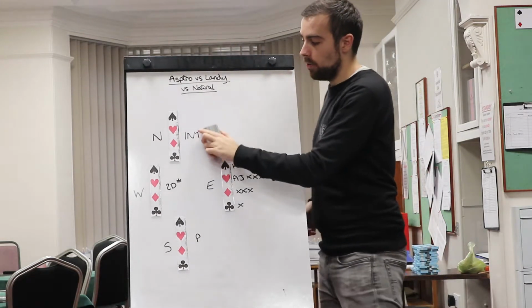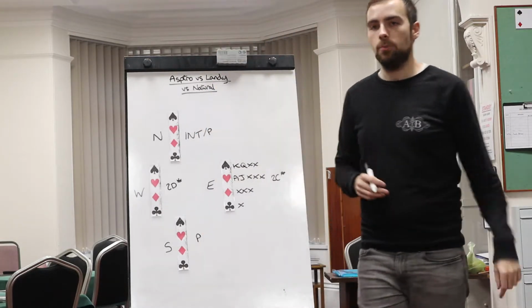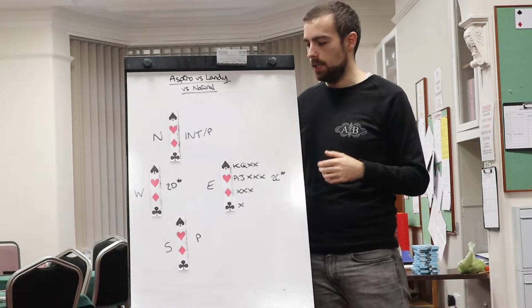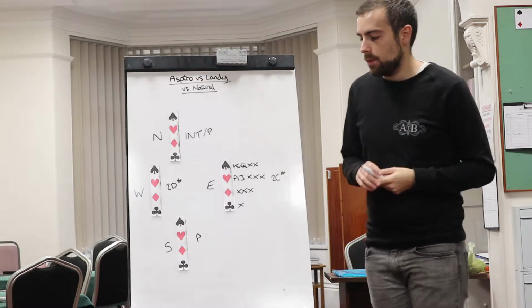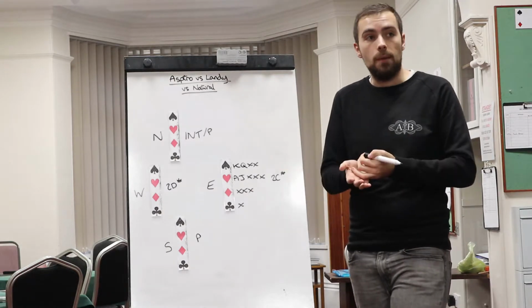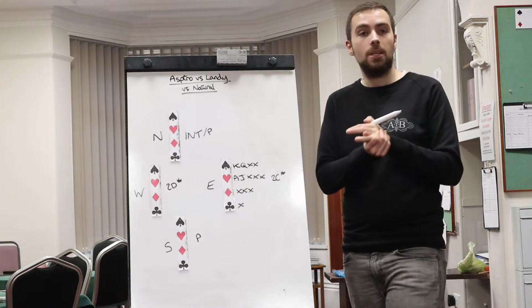So assuming that North passes, again, if anything gets involved, you then revert to natural bidding. So if North somehow comes in with some kind of takeout double, you don't have to bid if you don't want to, that kind of jazz. East, therefore, now has to bid because 2 diamonds is artificial. So they can't pass 2 diamonds, so they have to choose their favourite. Their favourite's not based on the strength, but it's based on the length.